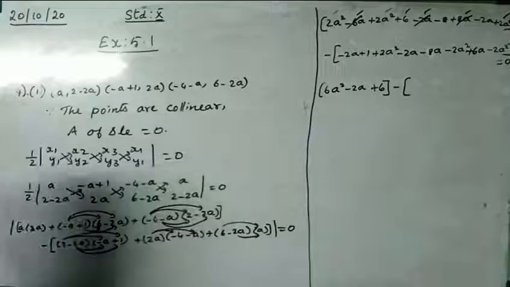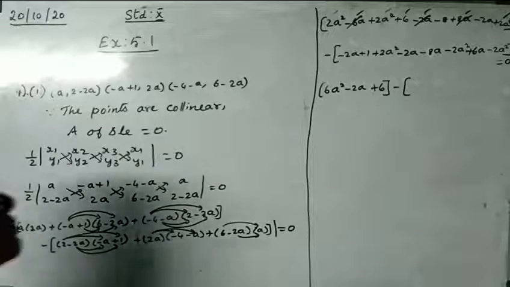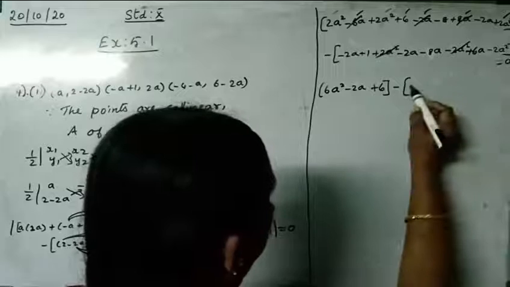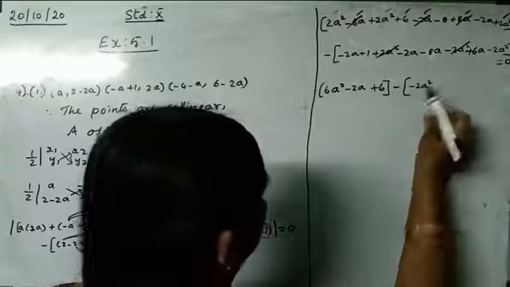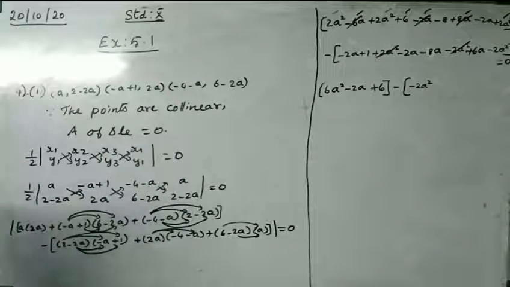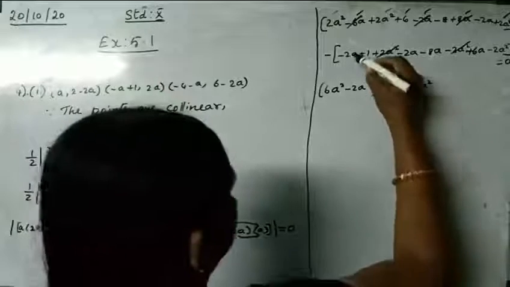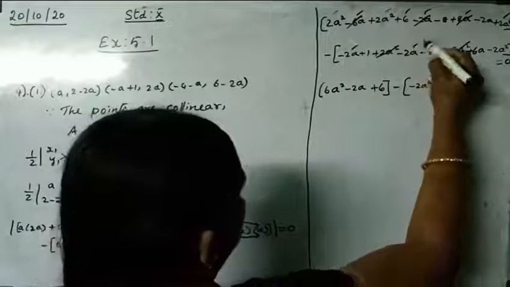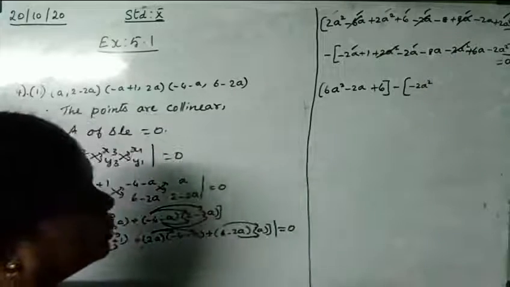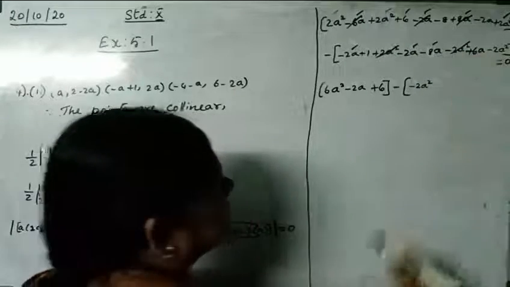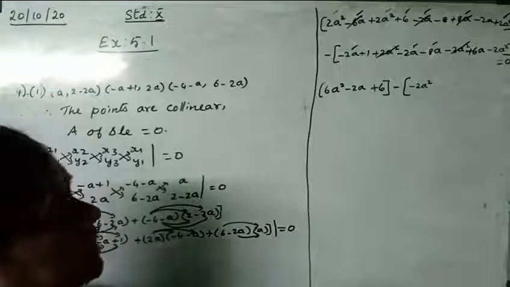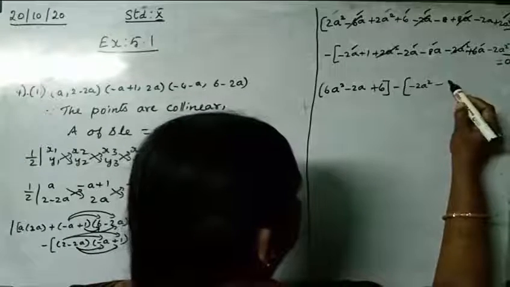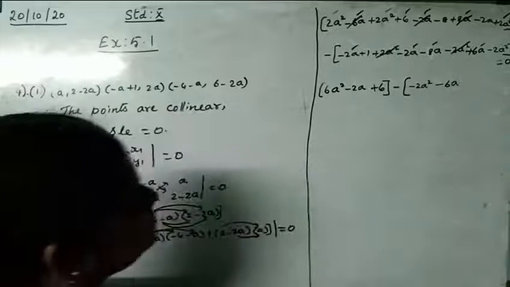And the only number is plus 6. Minus. Now here a square. Now 2a square and minus 2a square cancel. So minus 2a square balance. Now the a terms. Minus 2a minus 2a is minus 4a. Minus 4a minus 8a is minus 12a. Minus 12a plus 6a is minus 6a.